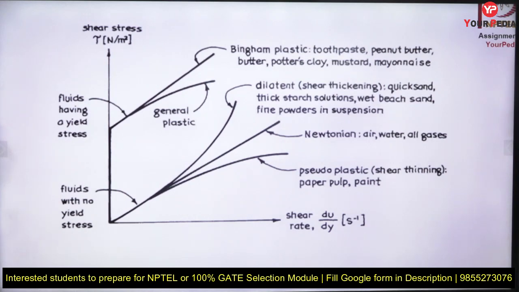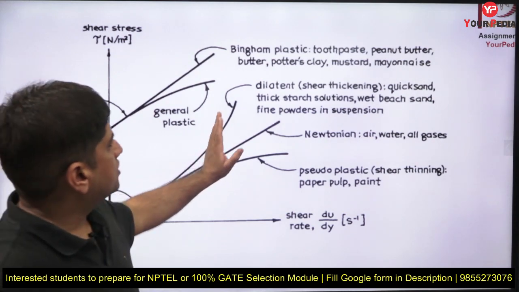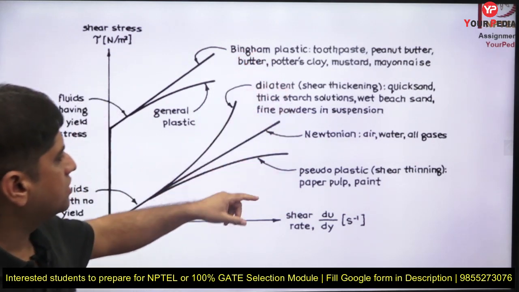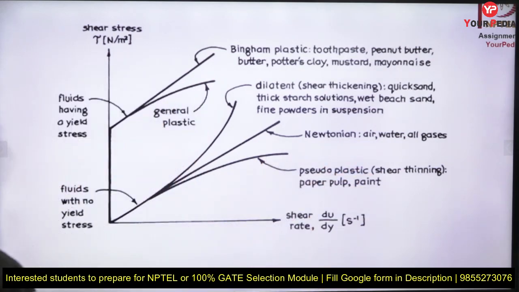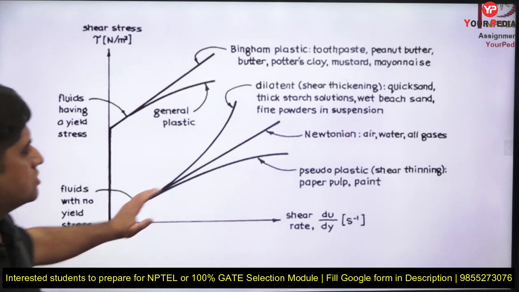Others do not have any yield stress, but then there are Newtonian, then dilatant, thinning, thickening, the shear thinning. This is shear thinning. So what is shear thinning and shear thickening? I will keep on discussing in other lectures also. So remember some names, actually you should remember some names. So paint is pseudoplastic.